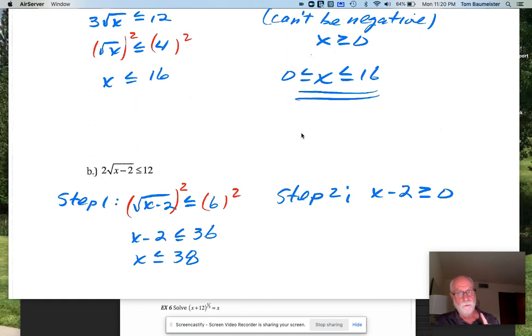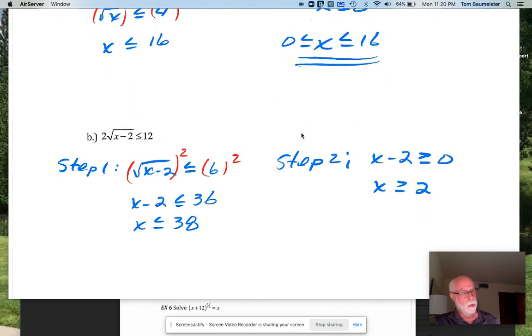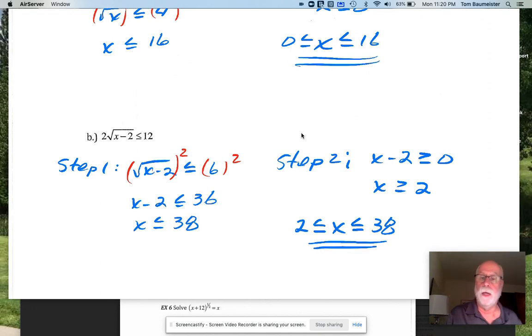If I solve that one for x, I'll get that x is greater than or equal to 2. So same kind of thing here. I'm going to say x is greater than or equal to 2. Notice I still did the same thing. And that it is less than or equal to 38. And that is our answer for that one. Okay. Thank you.